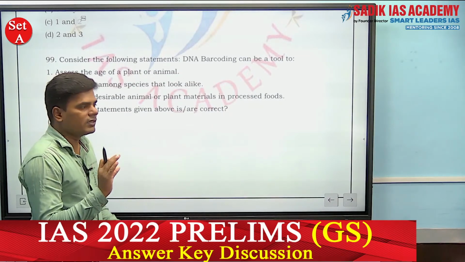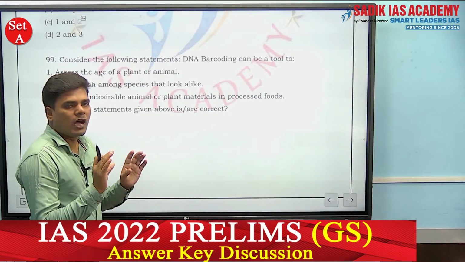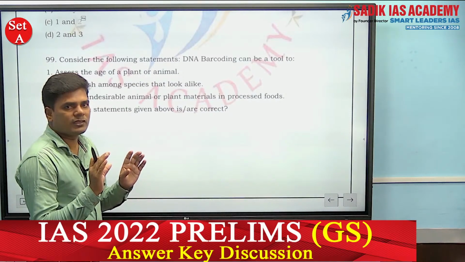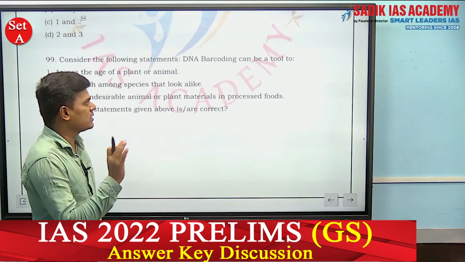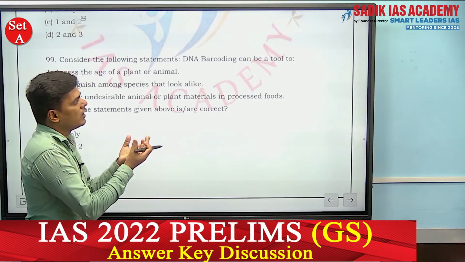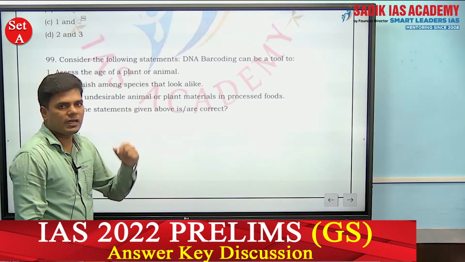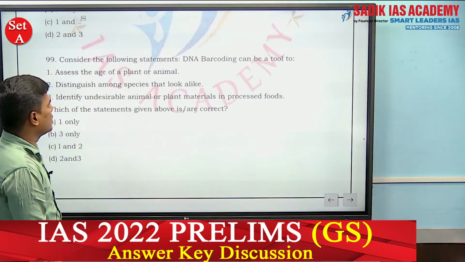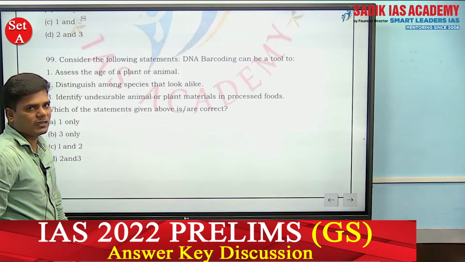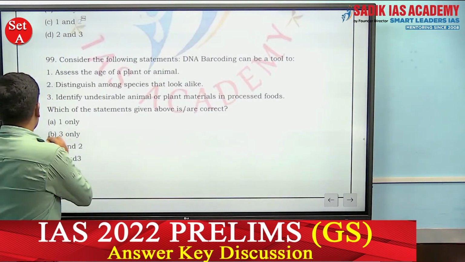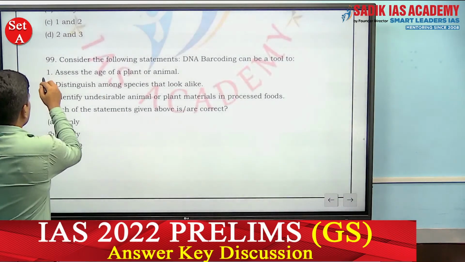That's it. It is the identification of certain species using a segment of DNA of that particular species. This is the purpose or use of DNA barcoding. So it is not going to assess the age of the plant or animal. In that case, this statement is wrong.